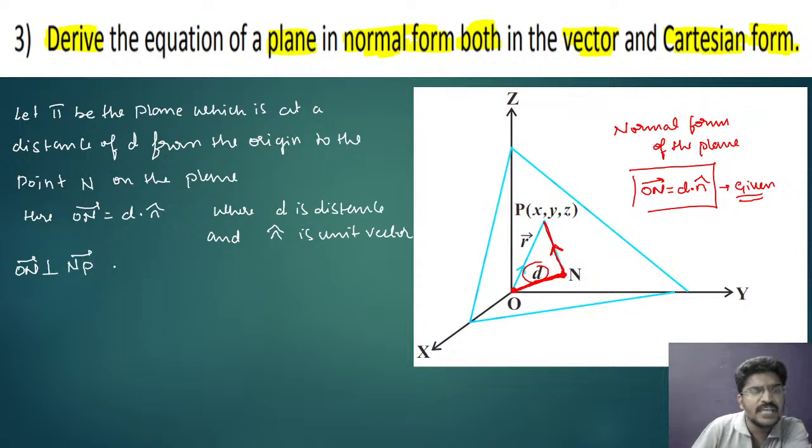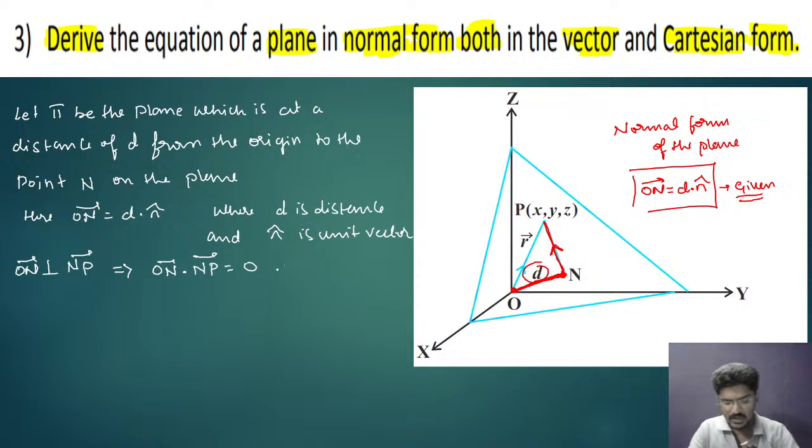So it implies what? Vector ON is perpendicular to vector NP. Then how can you write this? That is, vector ON dot vector NP equal to 0.